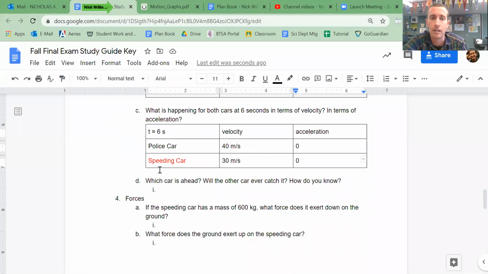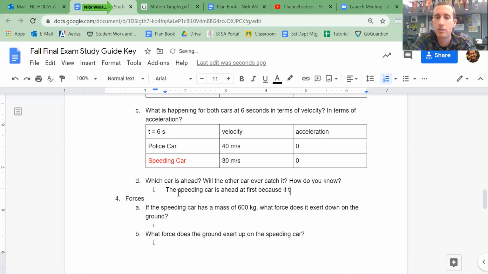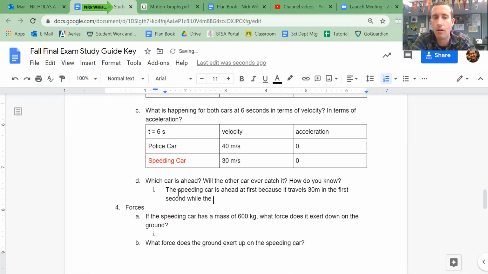So in terms of which car is ahead, the speeding car is ahead at first because it travels 30 meters in the first second, while the police car only travels 5 meters in the first second.